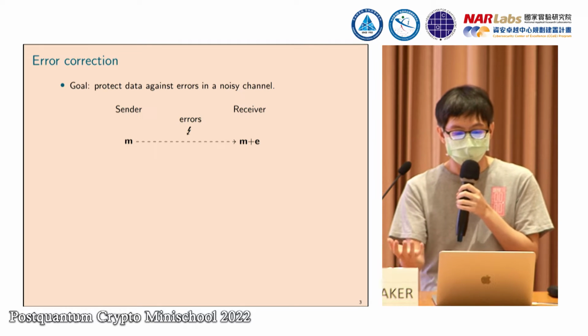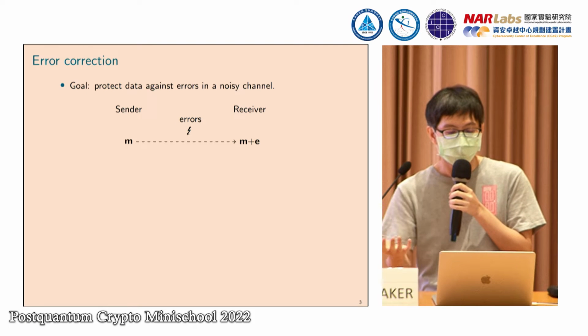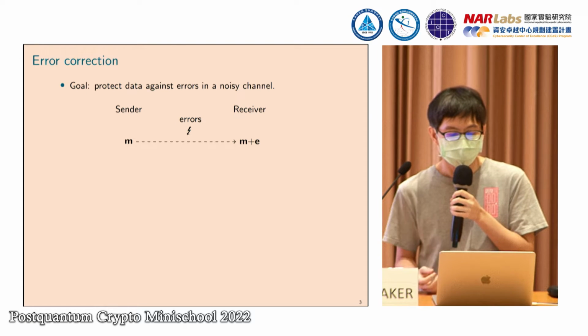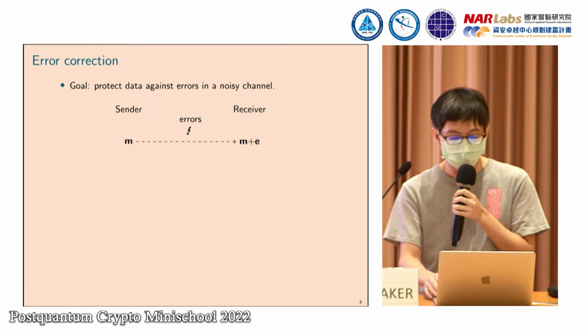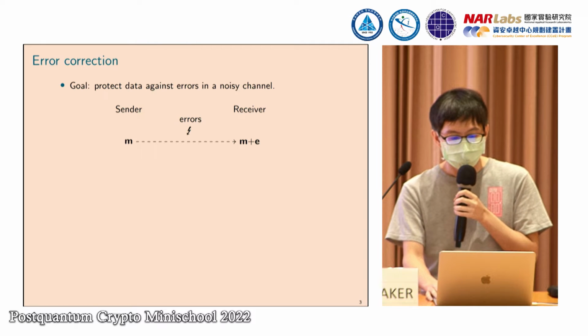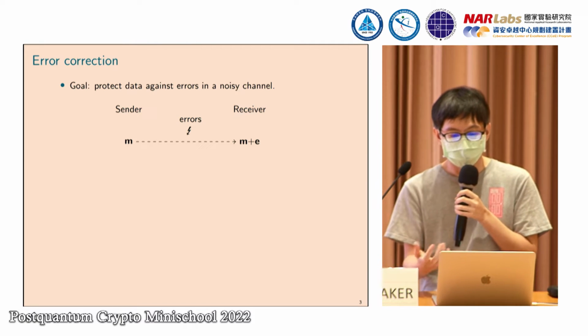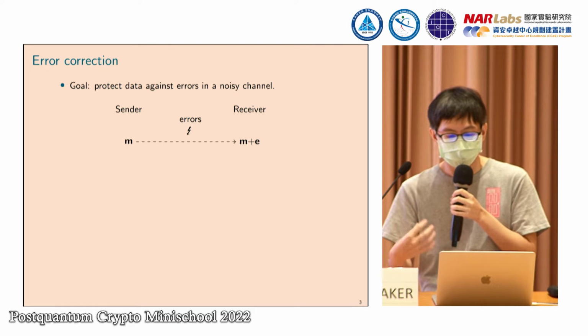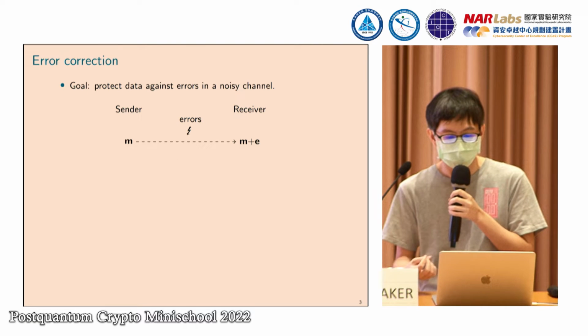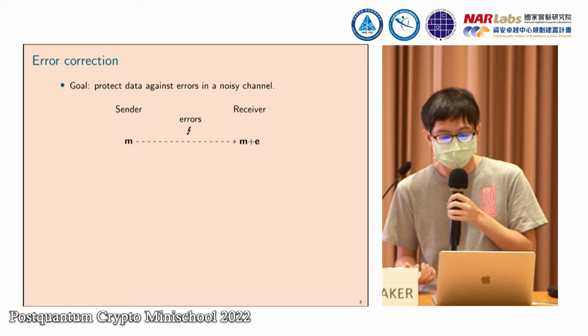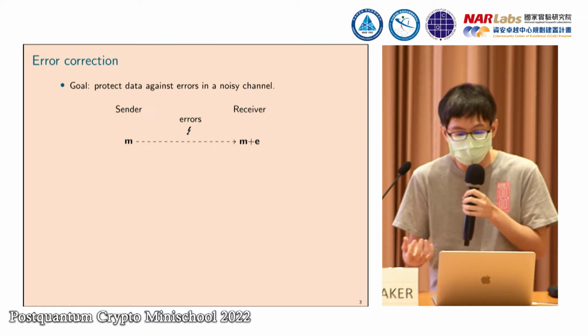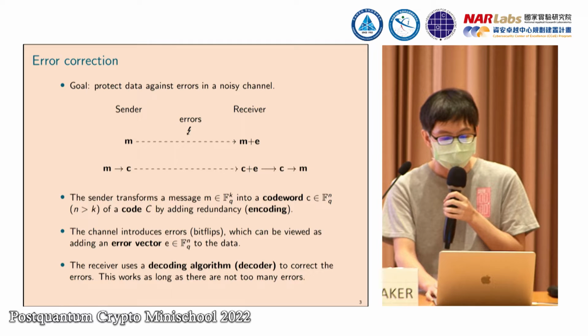When you transmit the message, some bits can be flipped, like 1 becomes 0 and 0 becomes 1. If you don't do anything, the receiver receives a noisy message and probably wouldn't know what the original message is.